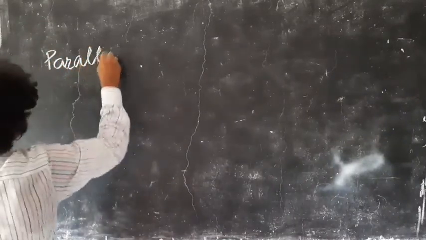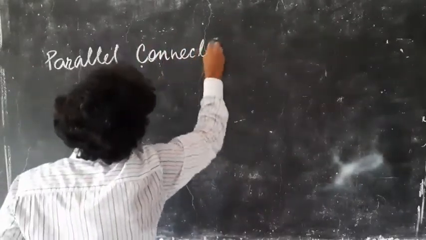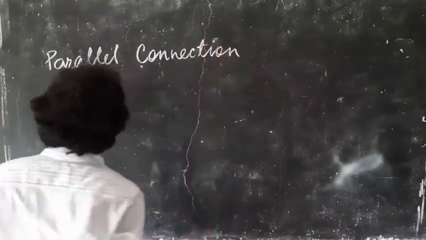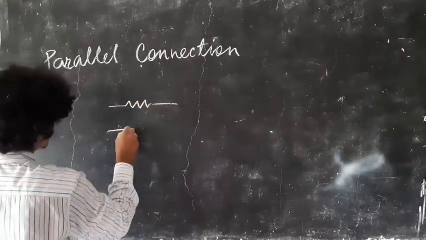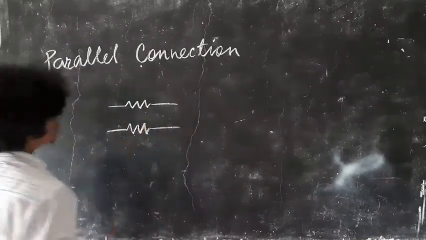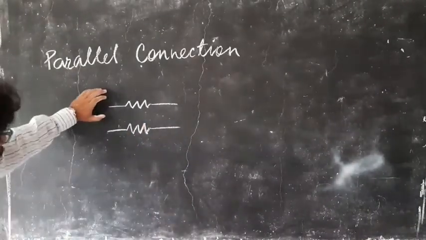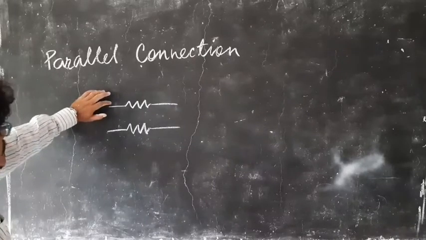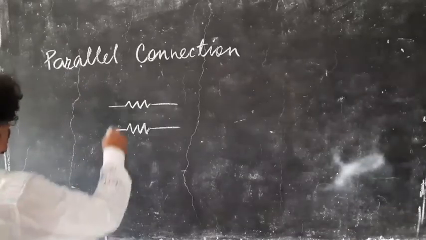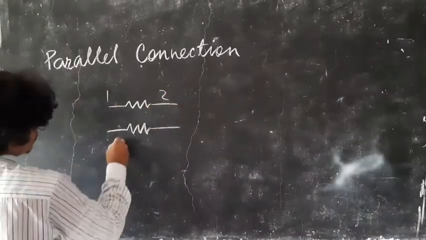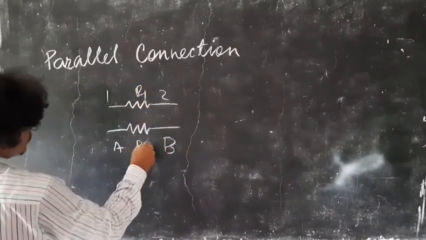Let us see parallel connection. What is parallel connection? If these two resistances are present, when we connect both legs of one resistance to both legs of another resistance, that means if this is 1, 2, and this is A and B, R1 and R2.